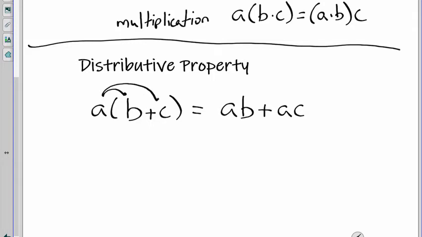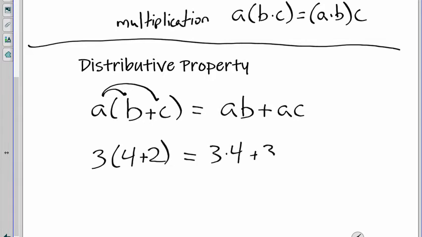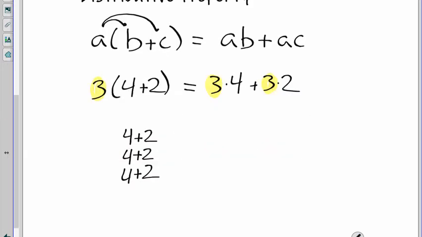Let's look at an example of that. If I have, for instance, 3 times the quantity 4 plus 2, that's equal to 3 times 4 plus 3 times 2. 3 is distributed across the 4 and the 2. Let's look at that as a picture and see why that works. 3 groups of 4 plus 2 is right here.